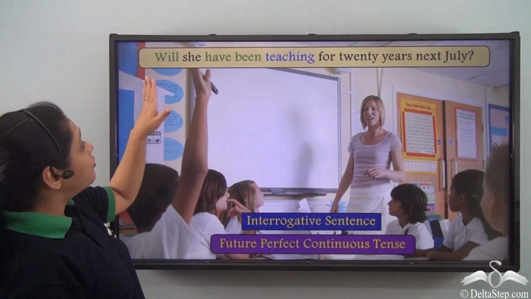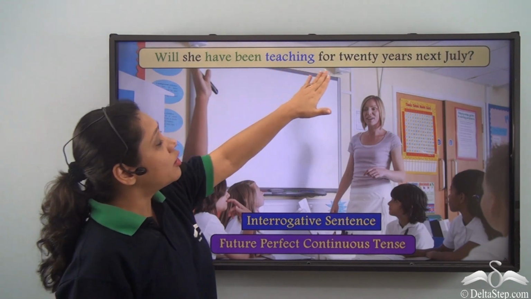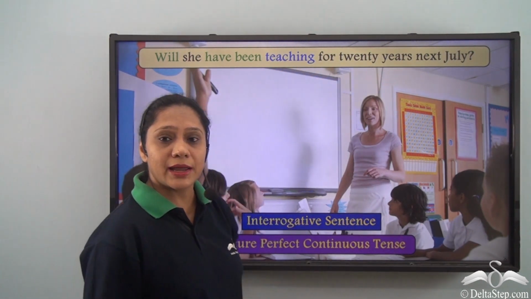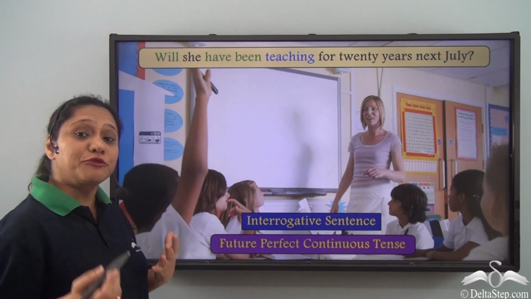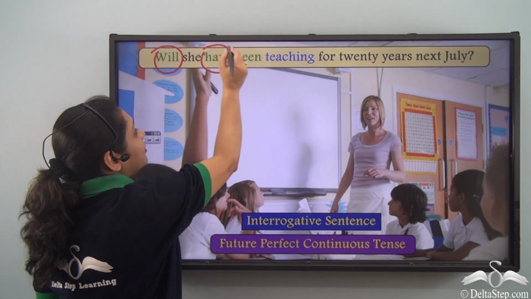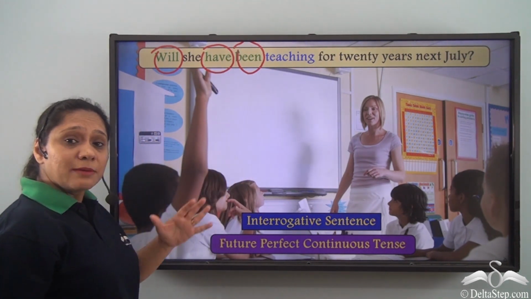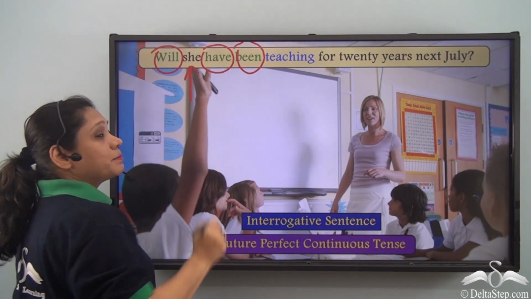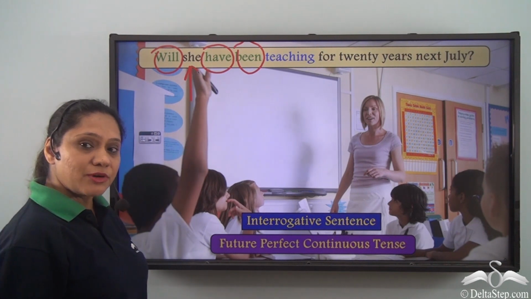Now if I say, will she have been teaching for 20 years next July? In this case, we have three auxiliary verbs here, will, have, been. So the subject has been included between the first two auxiliary verbs.